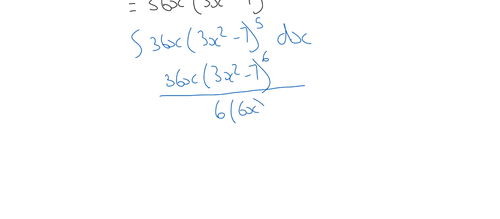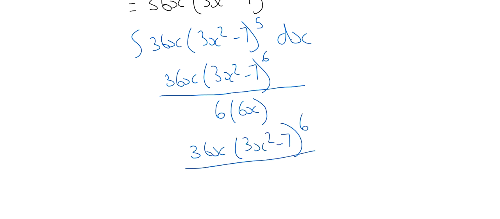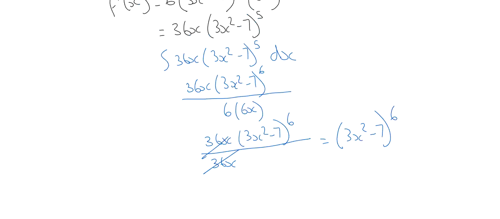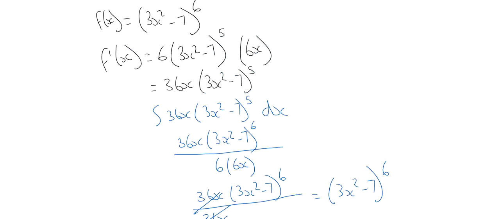See how I end up with 36x, 3x squared minus 7 to the 6 divided by 36x, right? That's what this is. See how they cancel out? And now I'm just left with 3x squared minus 7 all to the power of 6, which is what I started with. See how it works? So instead of multiplying by the derivative of the brackets, we just divide by the derivative of the brackets. It's the only difference. We're just reversing the process.